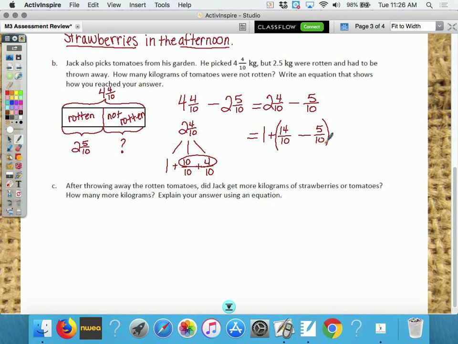Why do you think I put those parentheses there? Because you need to do that first. I need to do that first, and I'm going to add 1 to my answer. Okay, so what's 14 minus 5? 9. So 1 and 9/10.